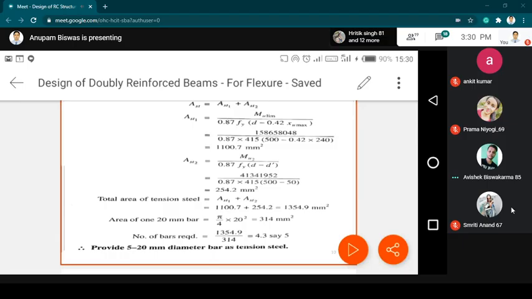As per codal provision, for beam, for column it is minimum 12 bar per column, okay sir, and 12 or 16. तो मतलब हम रैंडम के लिए उसका मिनिमम लेंगे तो कोडल प्रोविजन के हिसाब से.